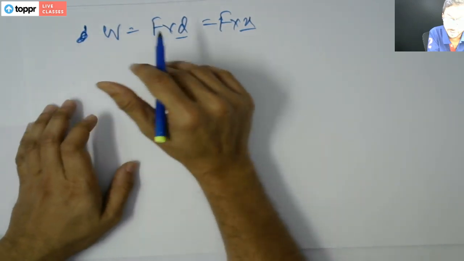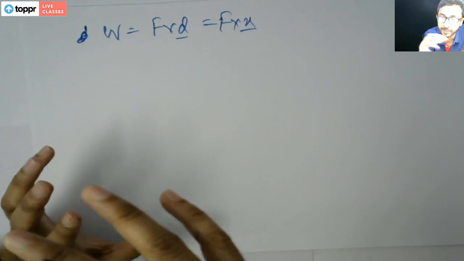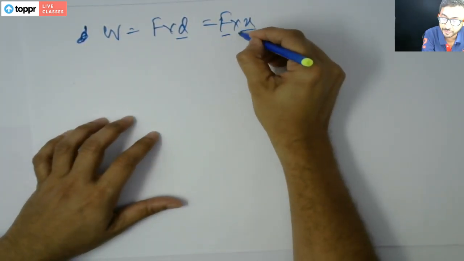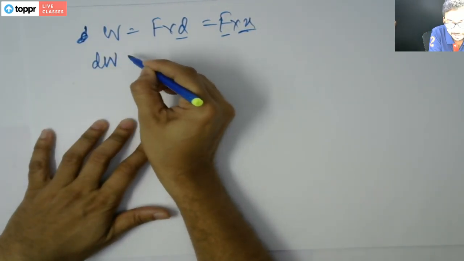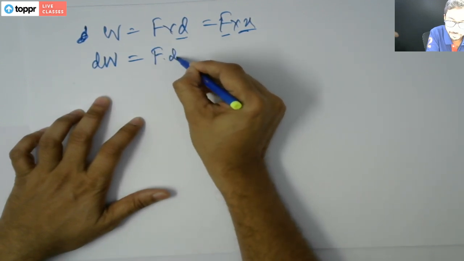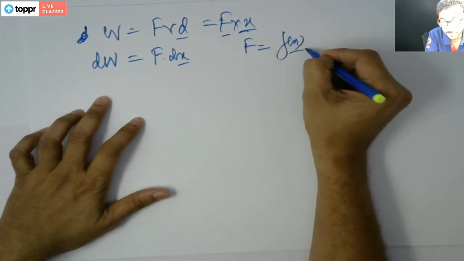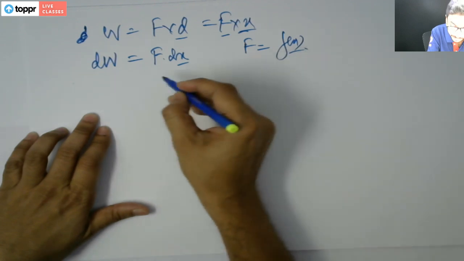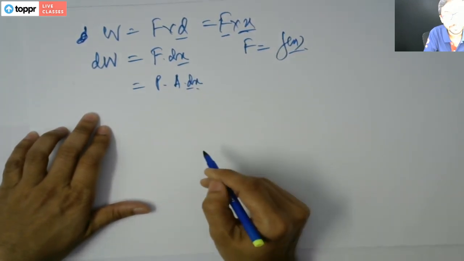When the force, or the pressure, is changing, it is different for different displacement as it is varying. If we take a very small work done, del W will be nothing but F into dx, where F itself can be a function of X. And the force can be written as P into A into dx.